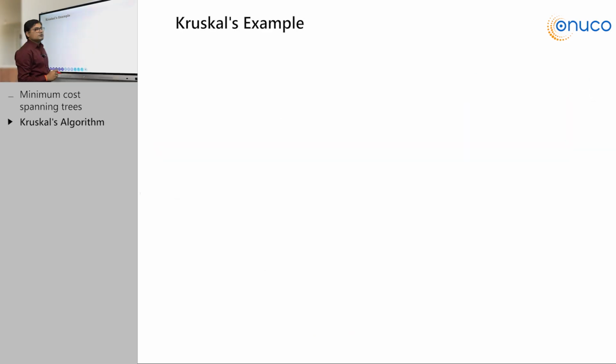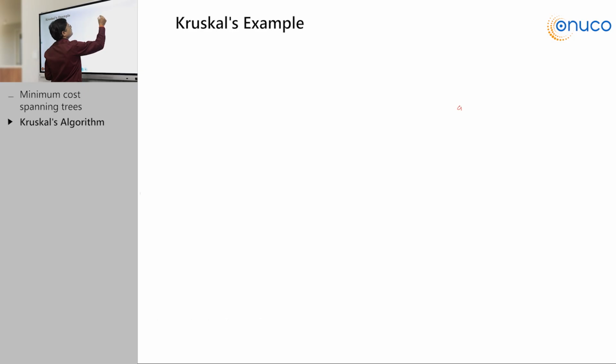Now let us discuss Kruskal's algorithm, and what we discussed in the previous examples, we'll discuss in a similar way. We can have different examples so that we can discuss in detail. Remember that here you are not asking the user for a source vertex.